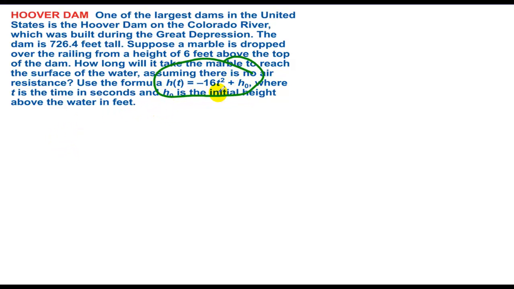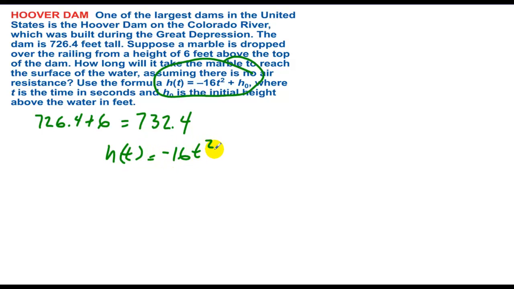equation of the fall. So our initial height above the water is 726.4 plus that 6 feet above the ground, which is 732.4. We're going to plug that into h of 0. So h of t is equal to negative 16 t squared plus 732.4.